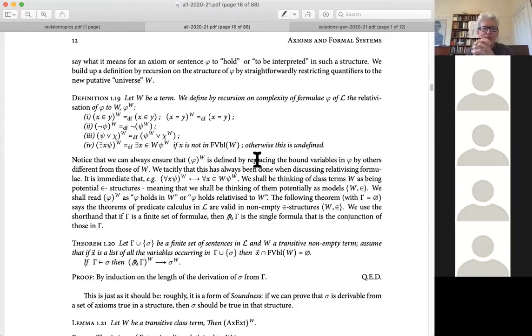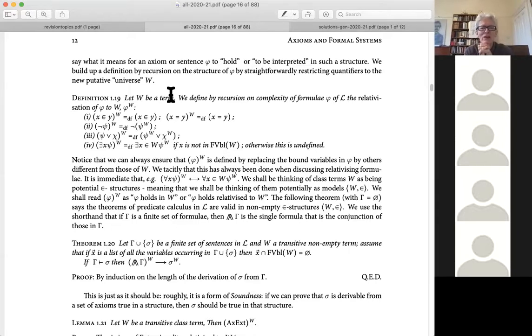Relativizations, then. You can simply say what a relativized formula is. The formula we're going to relativize to the term, as we write it down, is a formula with this superscript and this term. W, the term here, is one of these syntactic strings inside curly parentheses, but we're thinking of this term as a collection of sets.